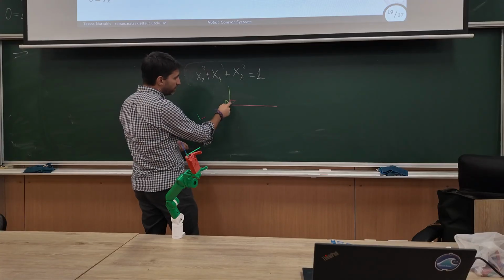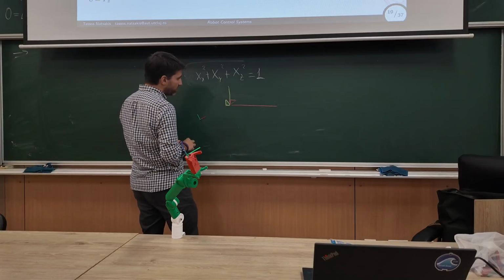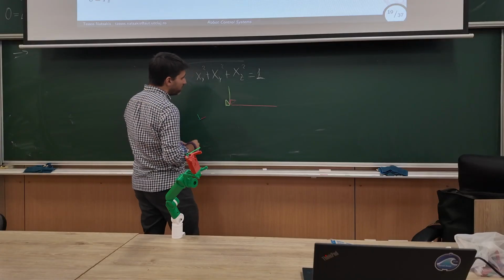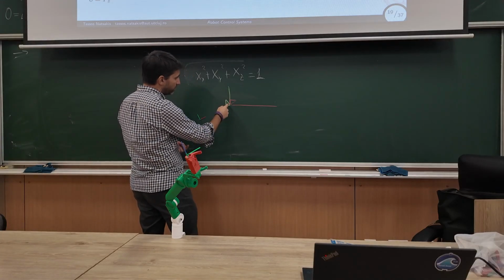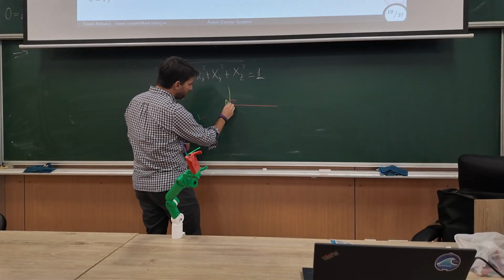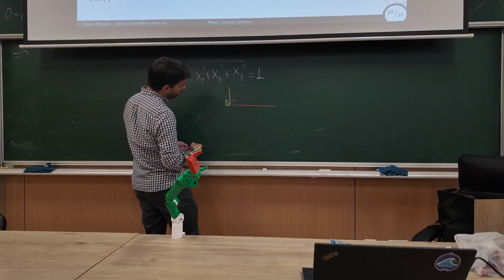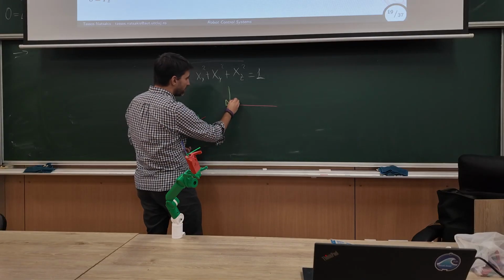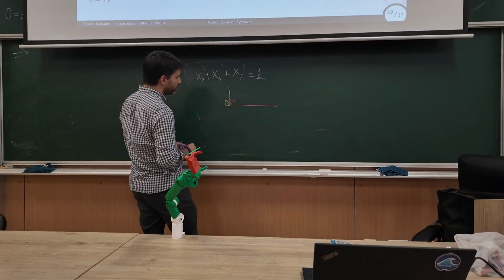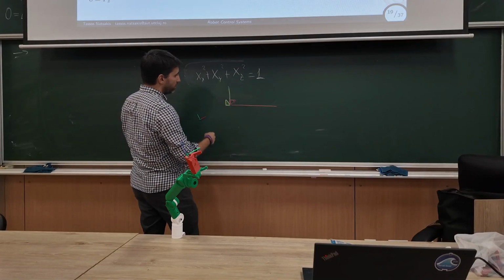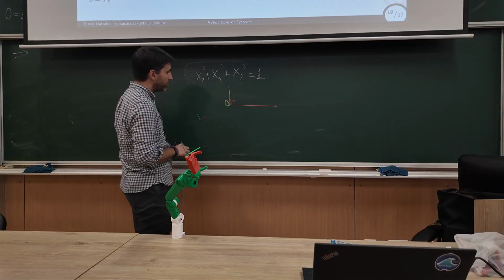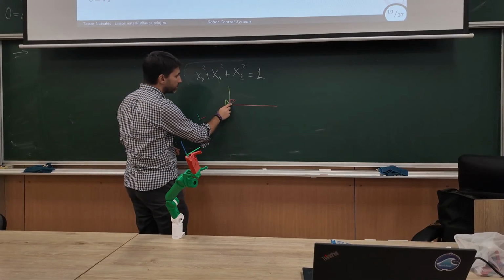But this projection will be the same as this one if this is 90 degrees. Because why? This angle here is the same as this angle here, because the sides are perpendicular. All right.